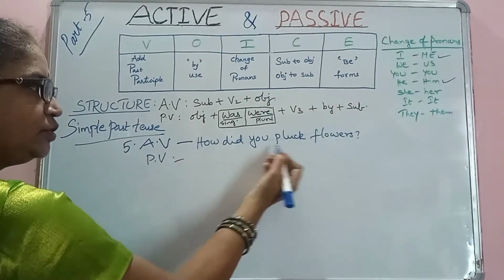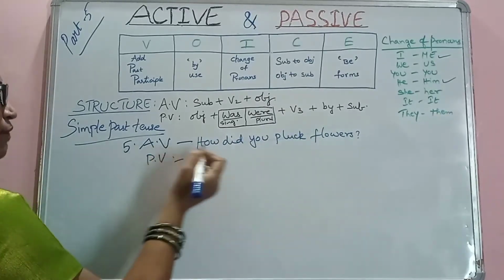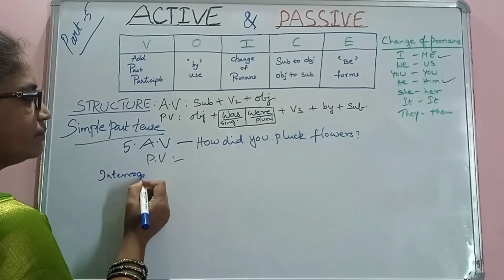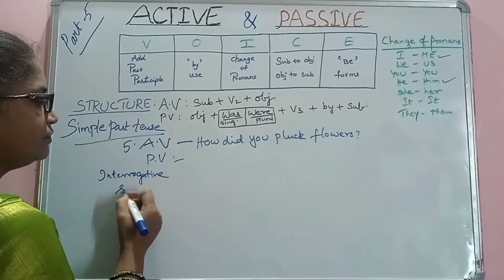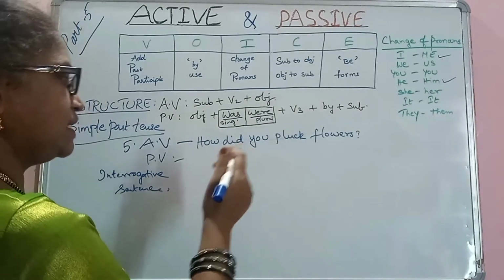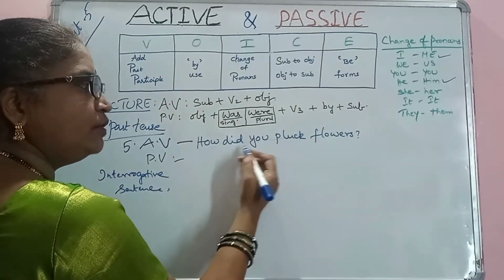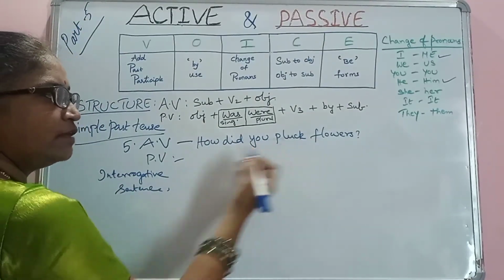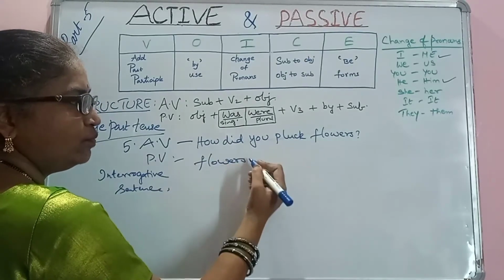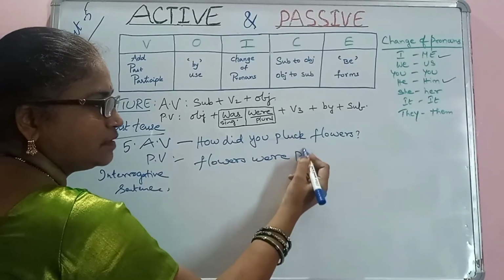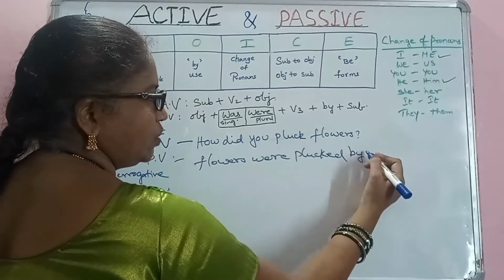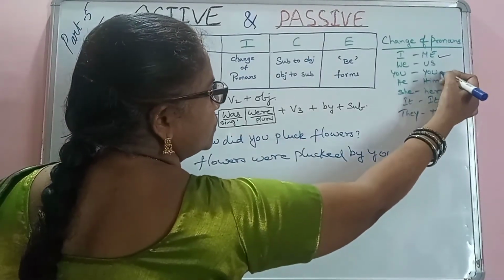This is the fifth statement. See here: How did you pluck flowers? This type of sentence is called an interrogative sentence. When you get this type of sentence, you can easily answer it. First, look at it: How did you pluck flowers? You pluck flowers. First, you mention flowers were plucked by, and you is applied as you.